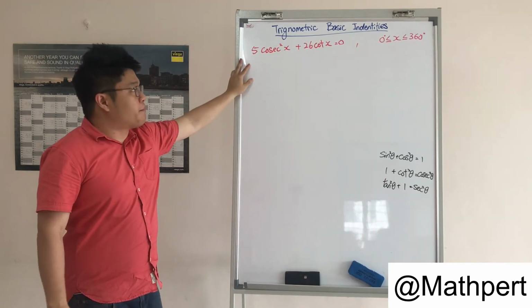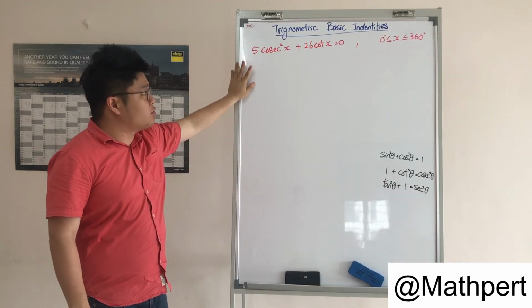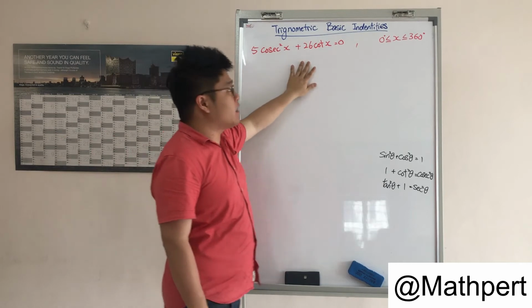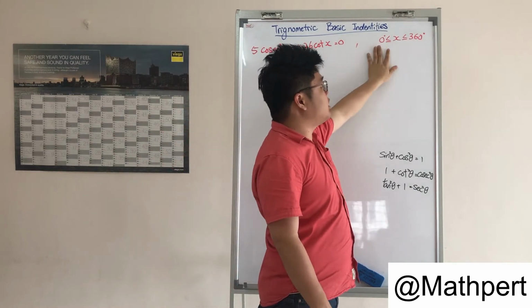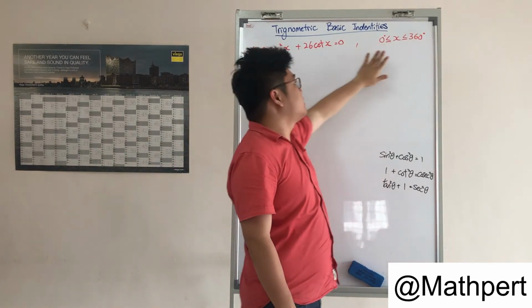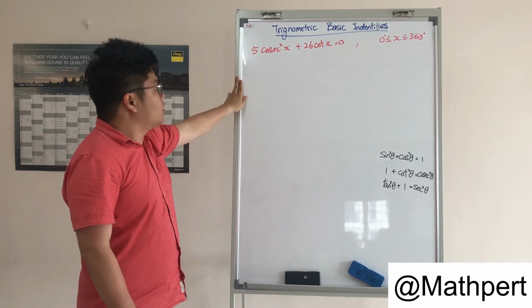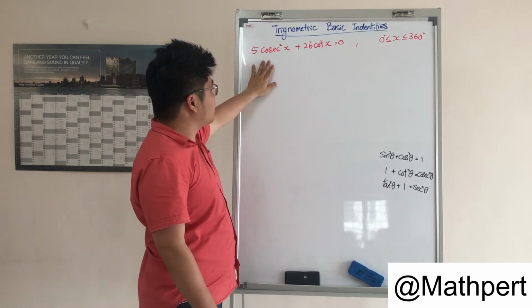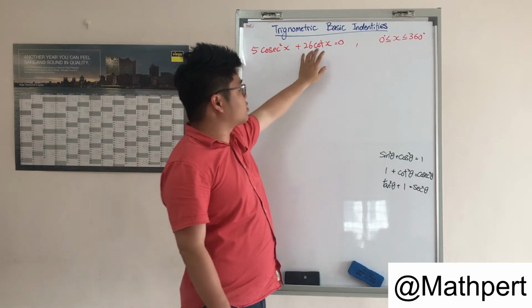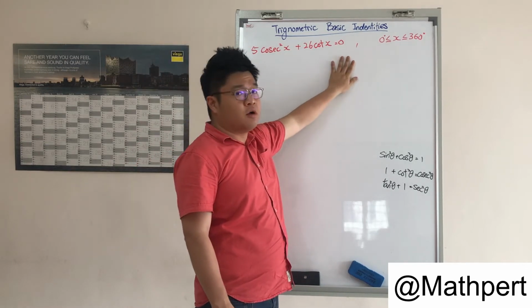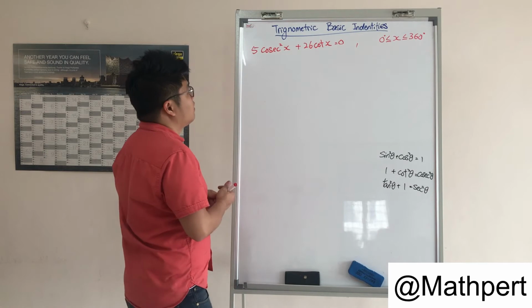Let's take a look at this example. Given by the question, we are asked to find all the angles between 0 and 360 that satisfy this equation: 5 cosecant square x plus 26 cotangent x equals 0. How do we find the angle?